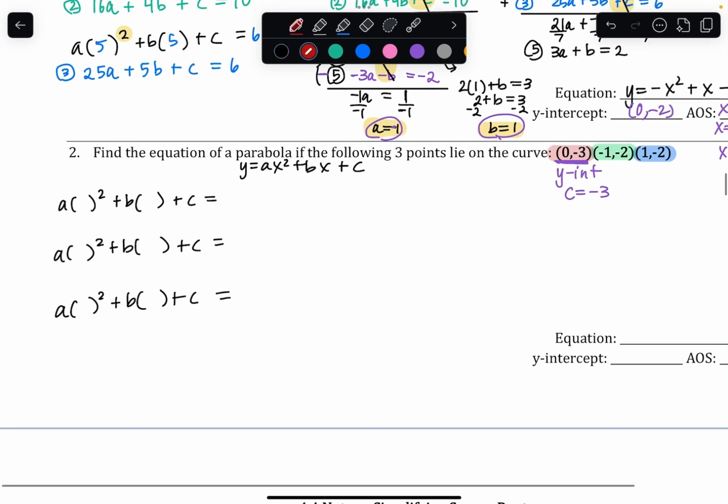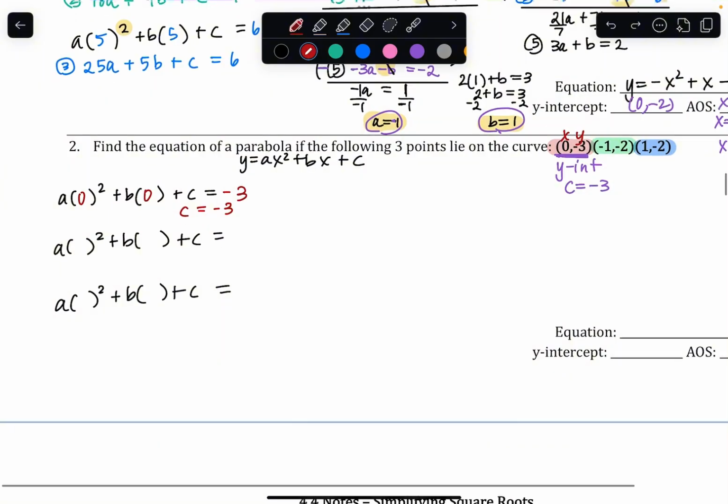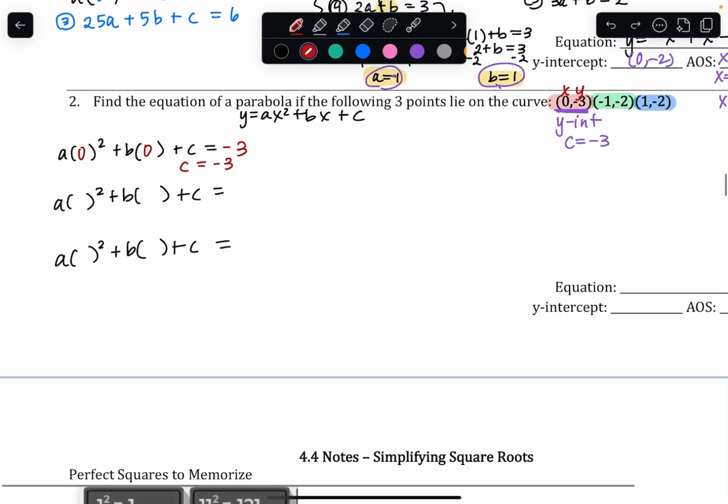And so for this first point, x is 0, y is -3. And when we simplify, we get 0 plus 0 plus c equals -3, which we could have written right off the bat, but now you're seeing what it would look like if you substituted the x and y.